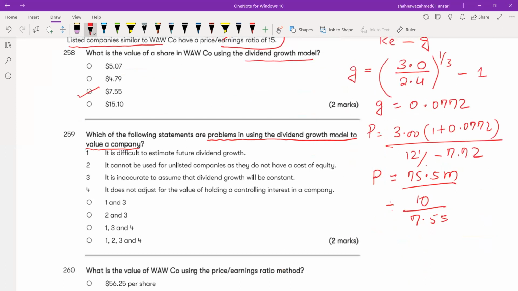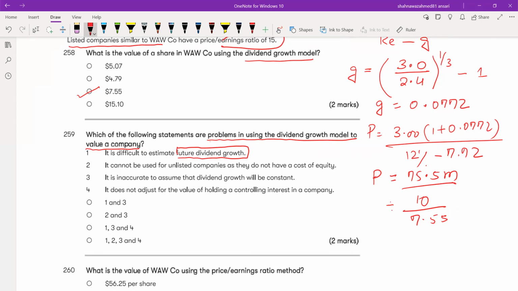Which of the following statements are problems in using the DVM, or dividend growth model, when valuing a company? That is the limitation. It is difficult to estimate future dividend growth. Yes, because we normally use the historical dividend rate, but it's very difficult to identify the future dividend growth rate. It cannot be used for unlisted companies as they do not have a cost of equity. This is not the reason.